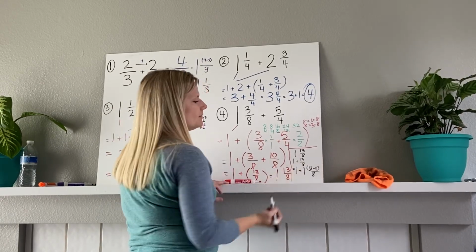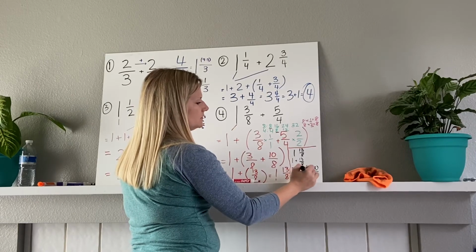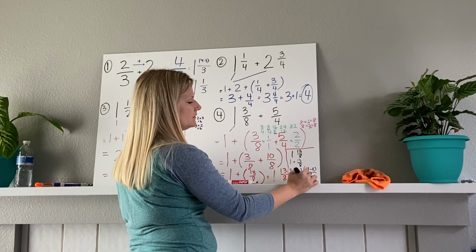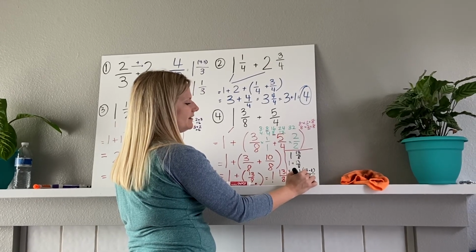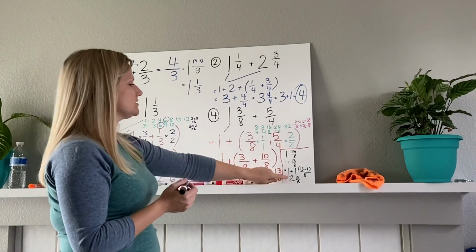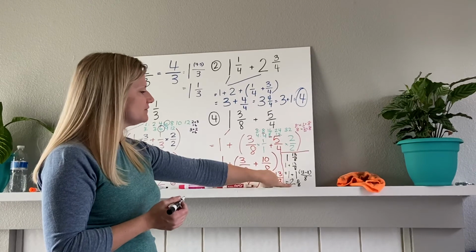You're leaving your denominator the same, okay? So that equals 2, and 13 minus 8 is 5, 5 eighths. It's a little smushed at the bottom. But so your full answer for all of that work we did was 2 and 5 eighths.